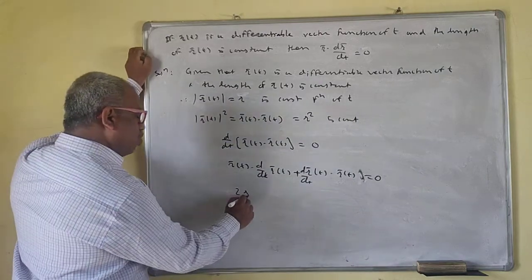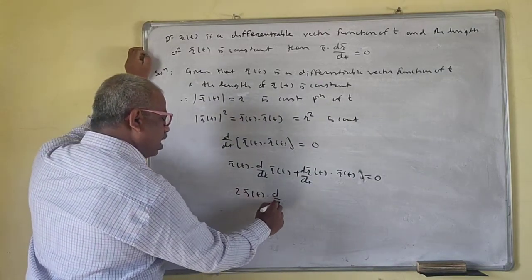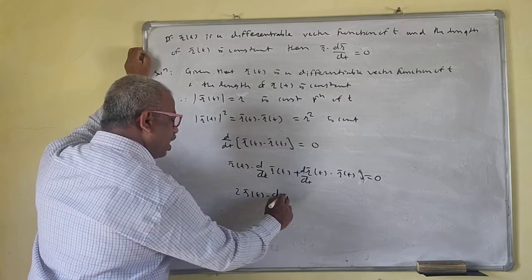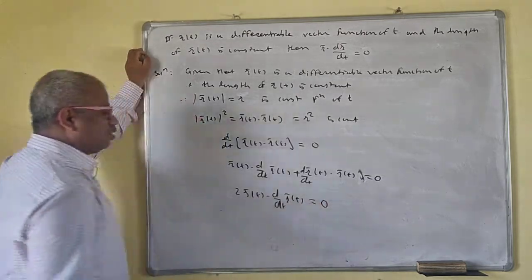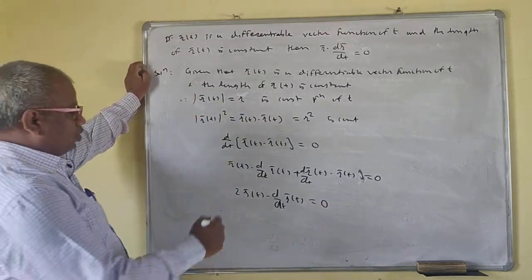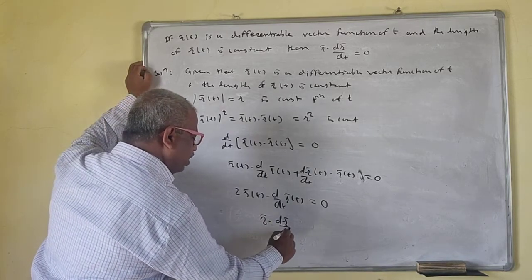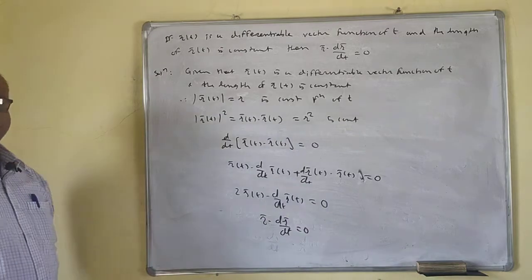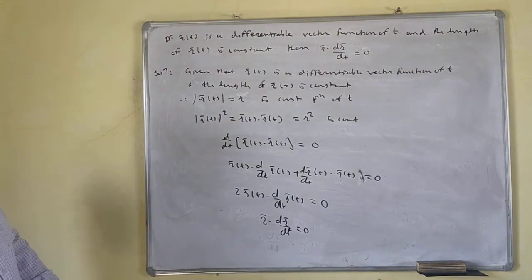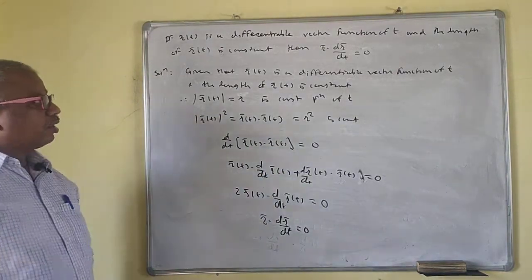So this is 2 r bar of t dot d by dt of r bar of t, and this is 0. So just as I wrote, r bar dot d r bar by dt is equal to 0. Okay. So now we have applied the derivative rule. So we have proved this.